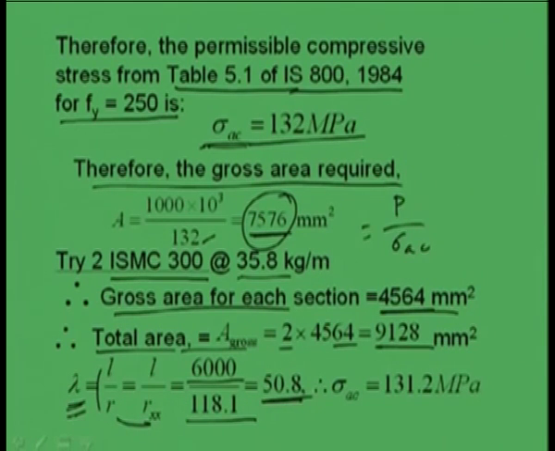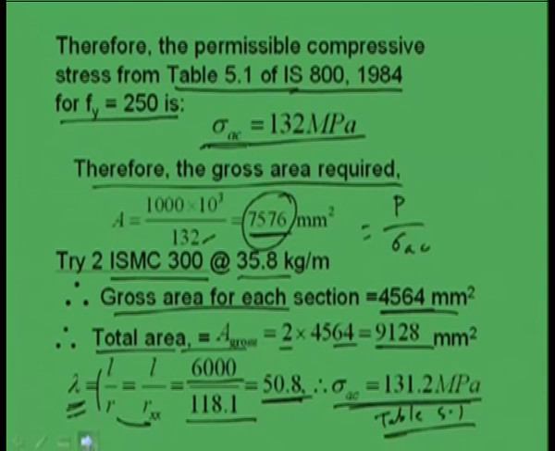Remember, we had assumed lambda as 50 and now it is 50.8. So, the actual lambda is 50.8 and the allowable compressive stress sigma AC is 131.2 MPa. This we can find out from table 5.1.